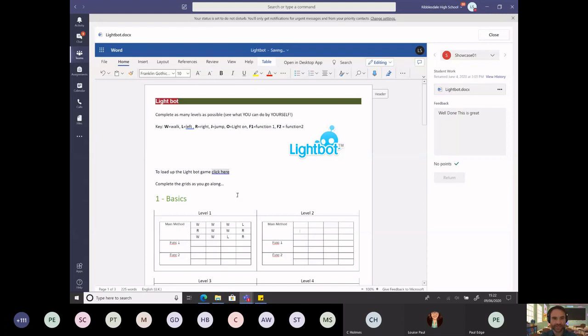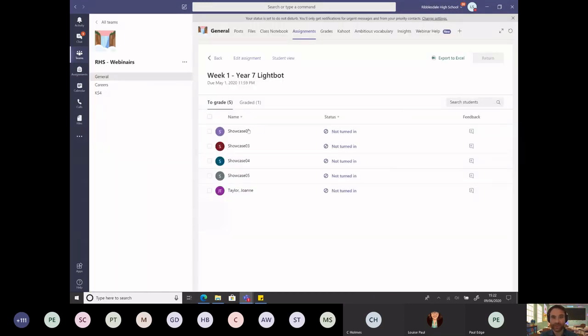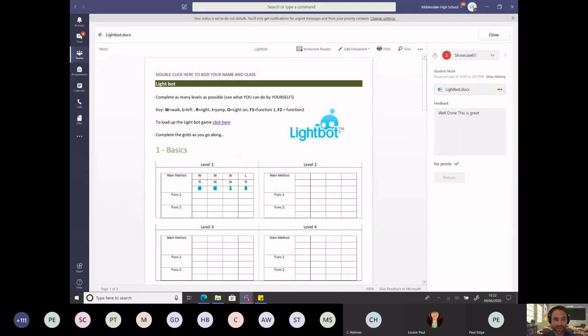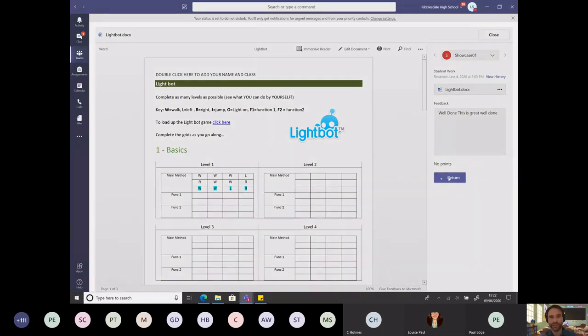So if this isn't correct, I would highlight it, and I might say, okay, this is blue, and then I would simply close it, because we don't need to save it. When the student goes back in, they will be able to see that you've been onto that document and highlighted it, and then you can provide them some feedback, and then just press return, and that returns it to the student.